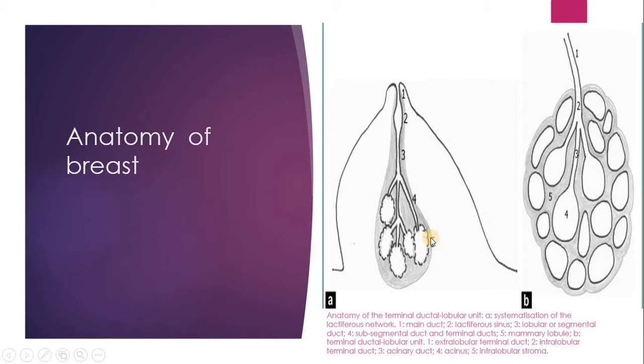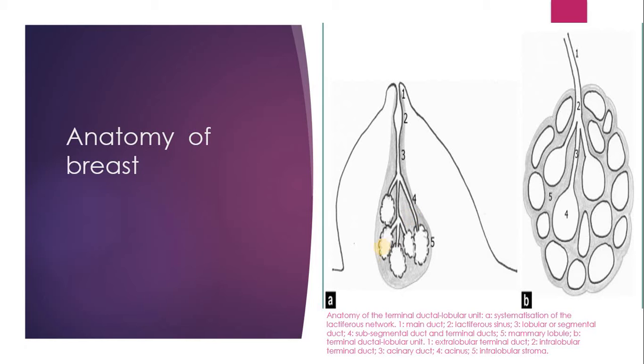Structure of the terminal duct lobular unit, showing the lactiferous duct, large duct, and mammary lobule. The mammary lobule contains acini, small ducts, and intralobular stroma.